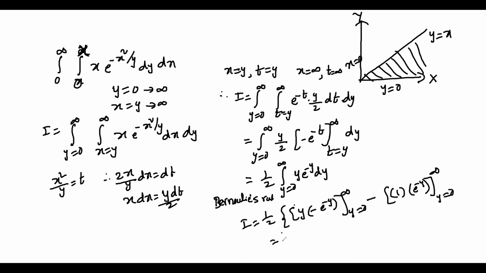Now that is equal to 1 by 2, 0 minus 1 is equal to 1 by 2. Therefore, I is equal to 1 by 2. Please note it down.